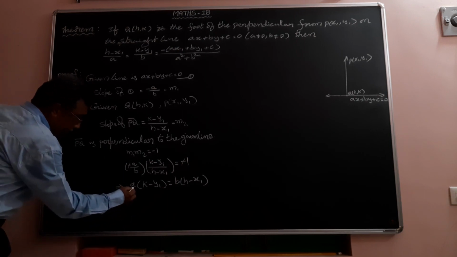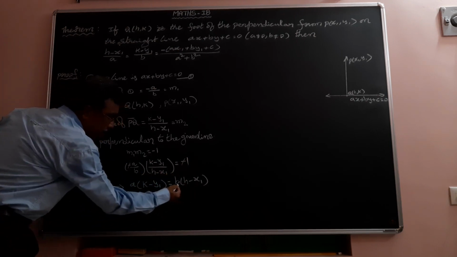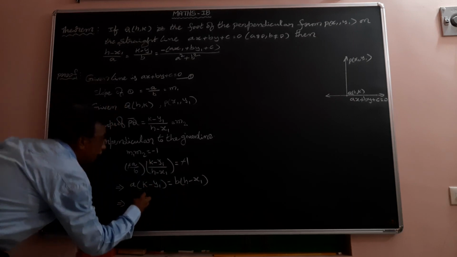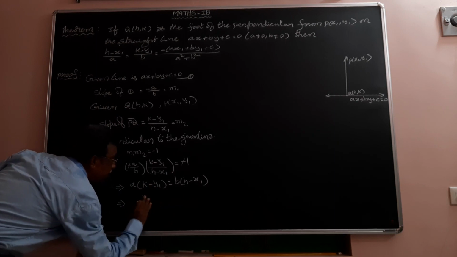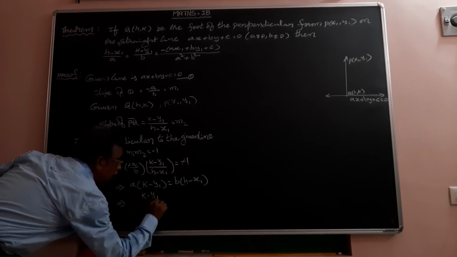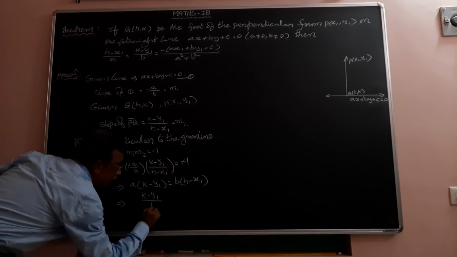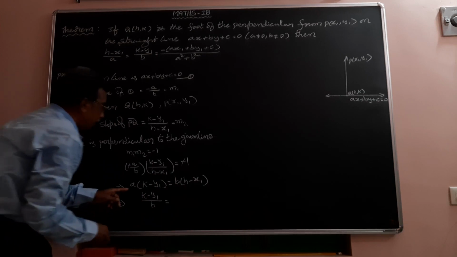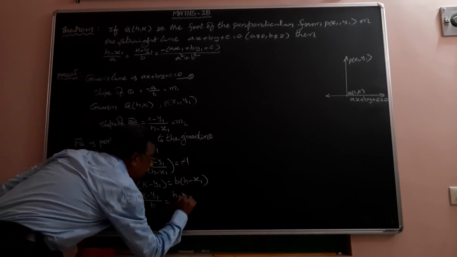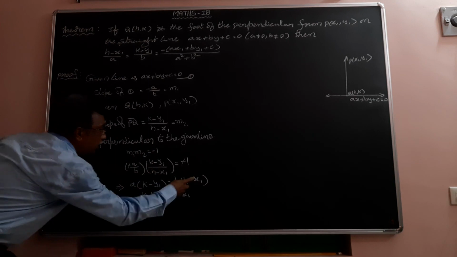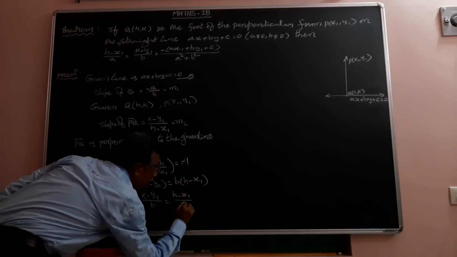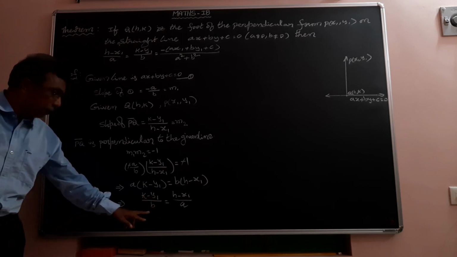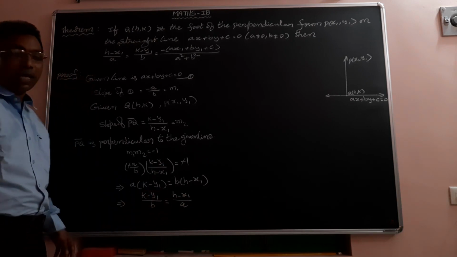Now we take this coefficient from LHS to RHS, and this coefficient from RHS to LHS. So k minus y1 by b equal to h minus x1 by a.